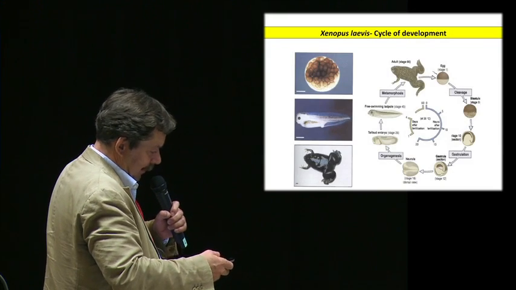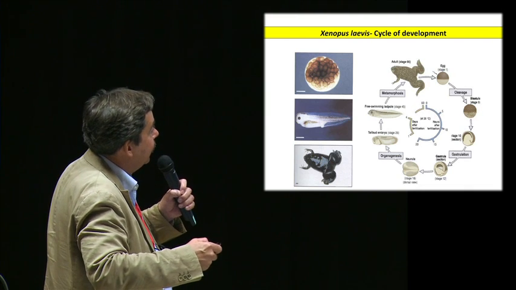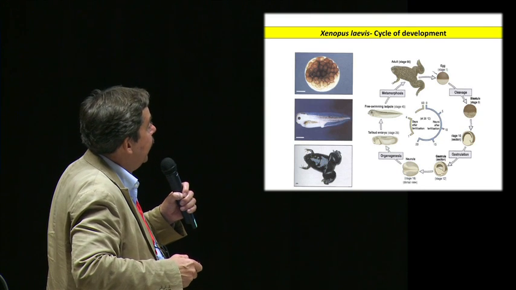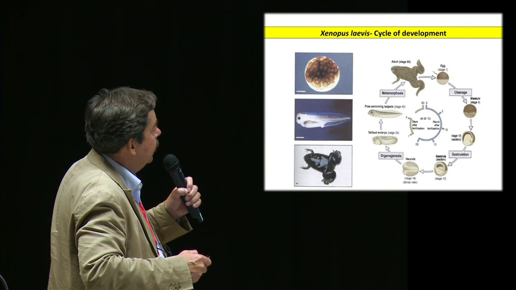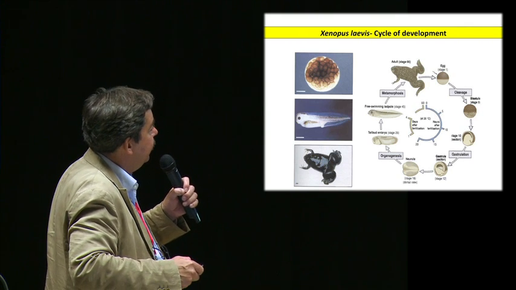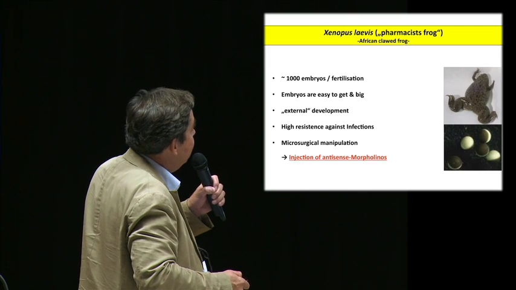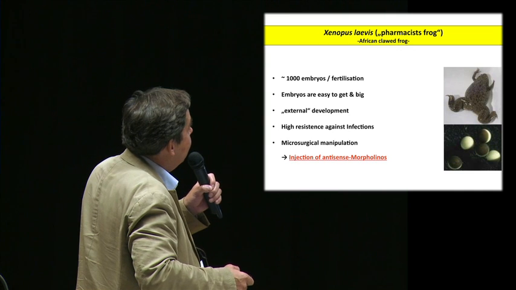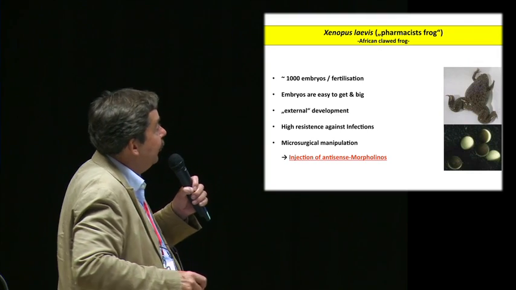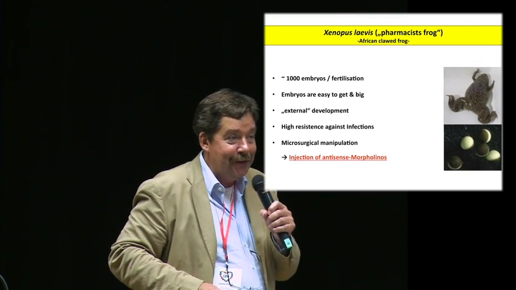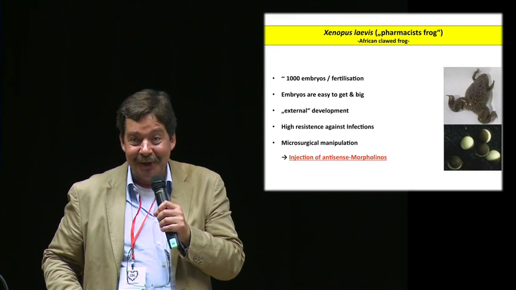This is the cycle of development from the Xenopus, and I will show you a picture in a minute about this stage at around day 4. But it is an interesting mechanism. It was called the pharmacist's frog, and this was used to see whether a woman is pregnant in former times.